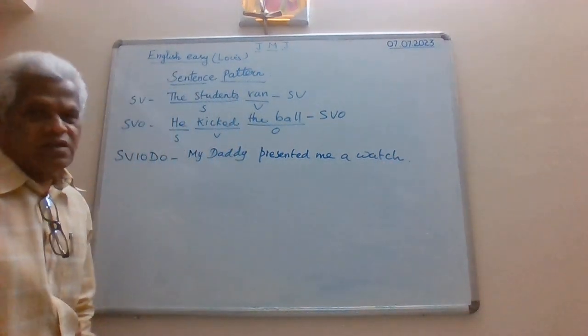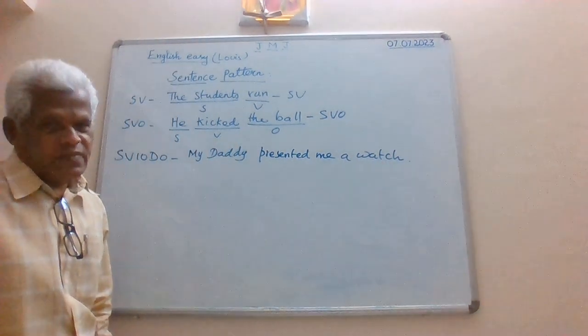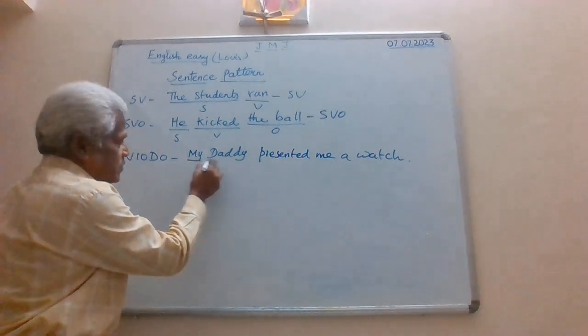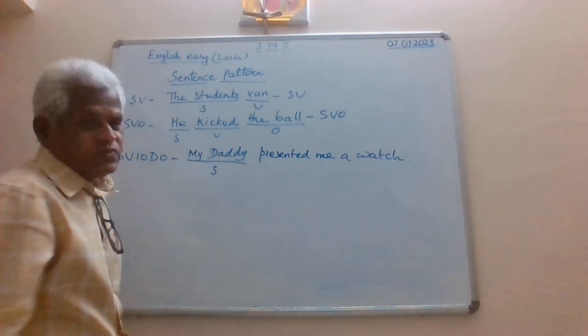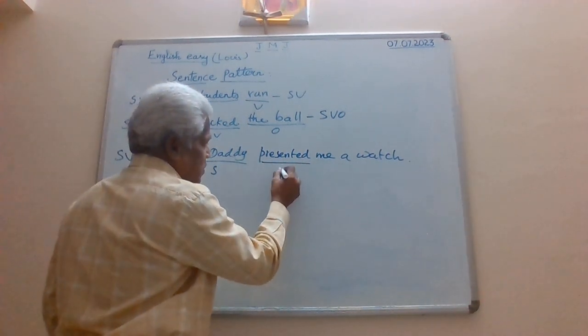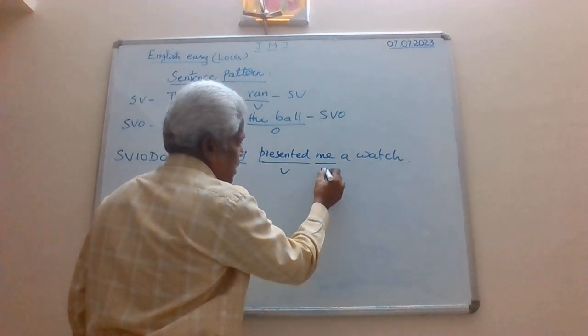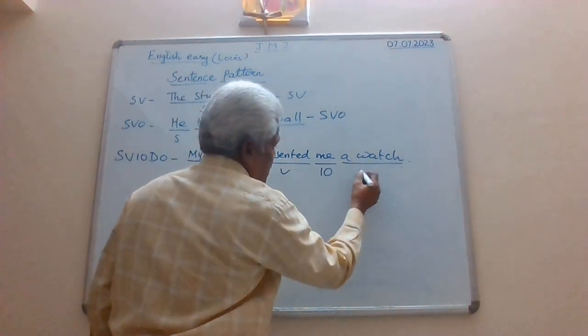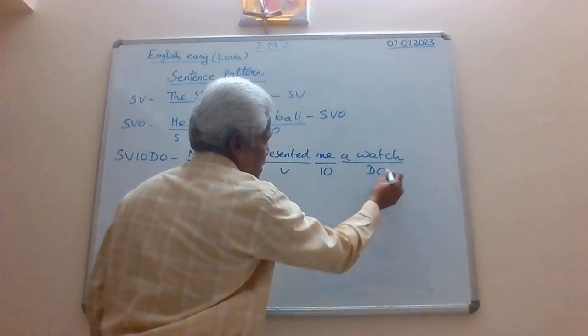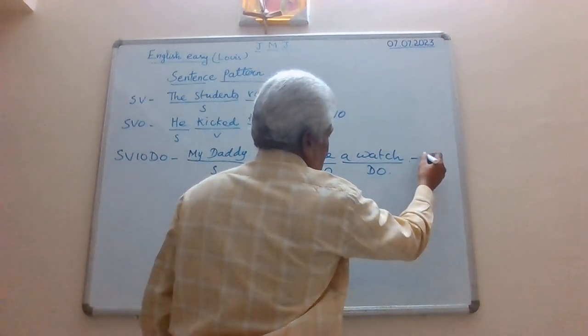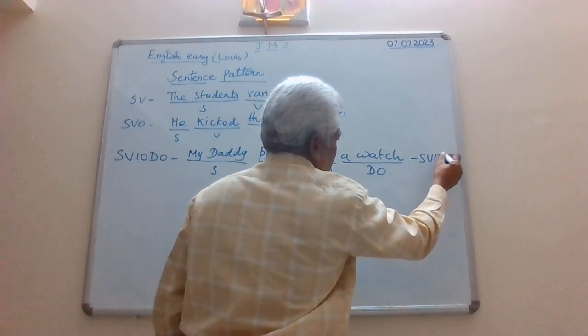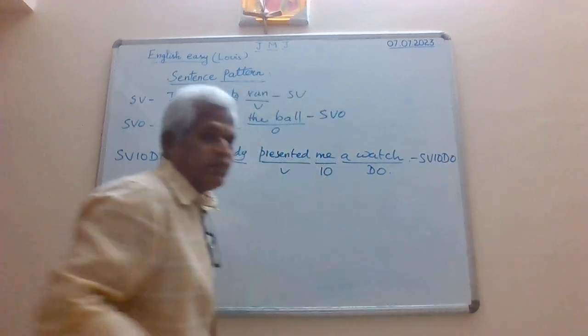What is your subject here? My daddy is your subject, presented is the verb, me is known as the indirect object, a watch is known as the direct object. Therefore this is known as the SVIODO pattern.